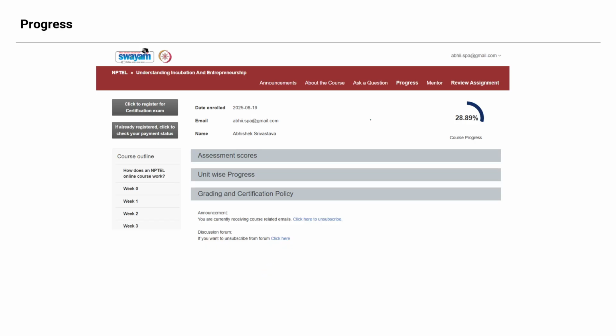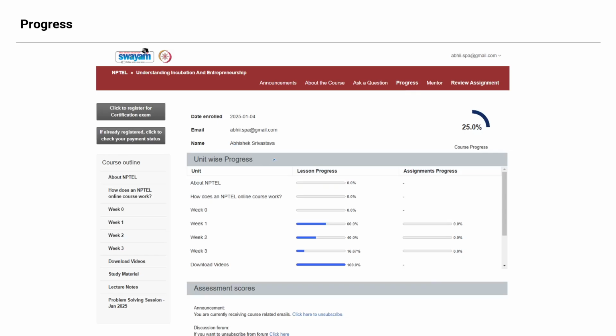Now, in terms of how you see your progress, in your portal there is something called the progress tab. It will show you 3 heads: assessment score, unit wise score, and grading. Unit wise is the amount of content you have gone through.